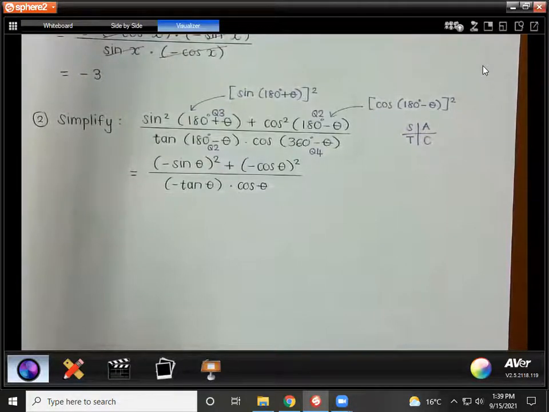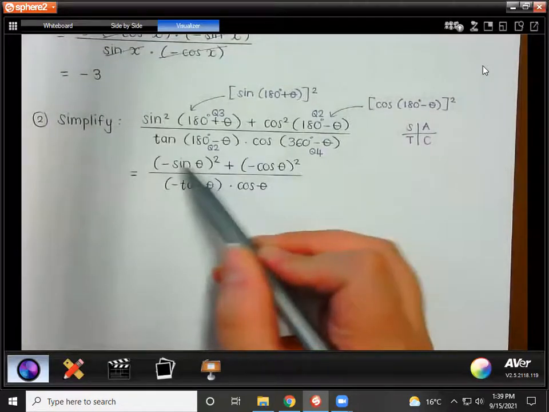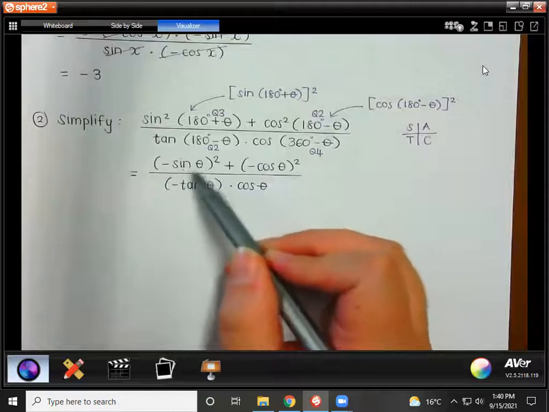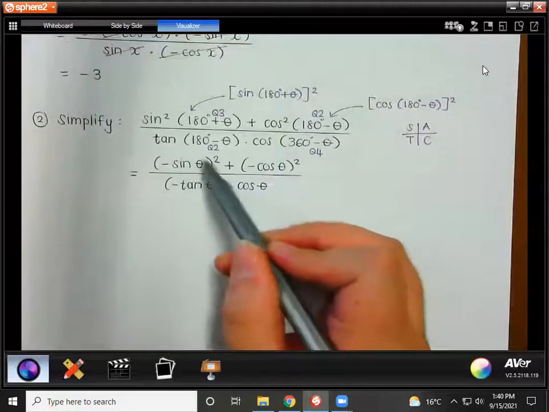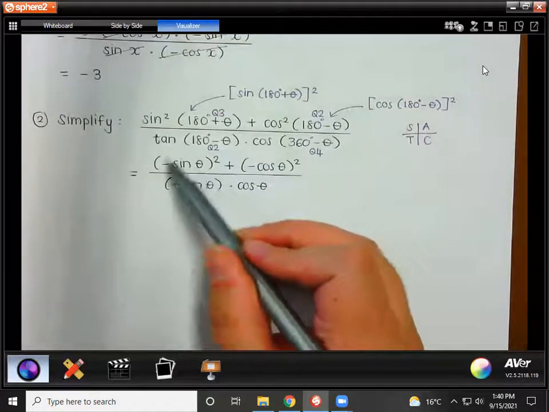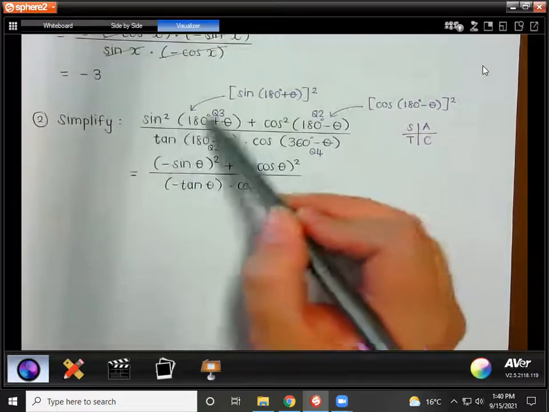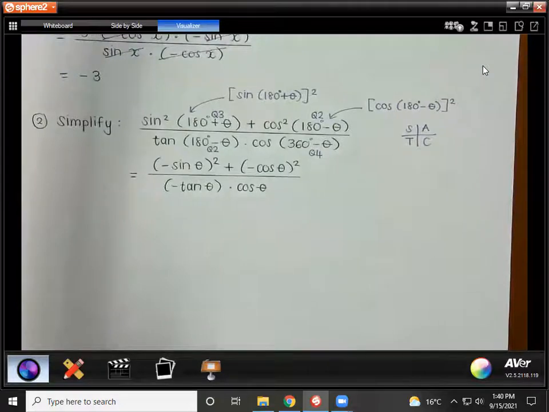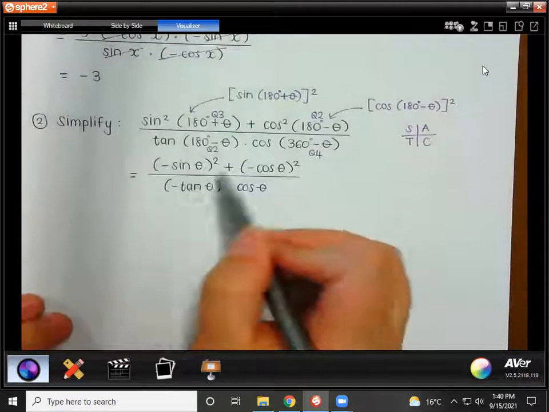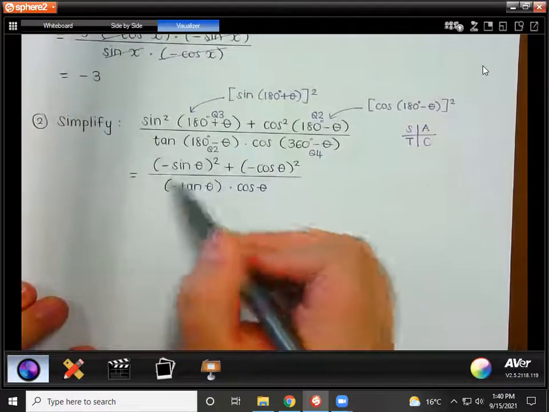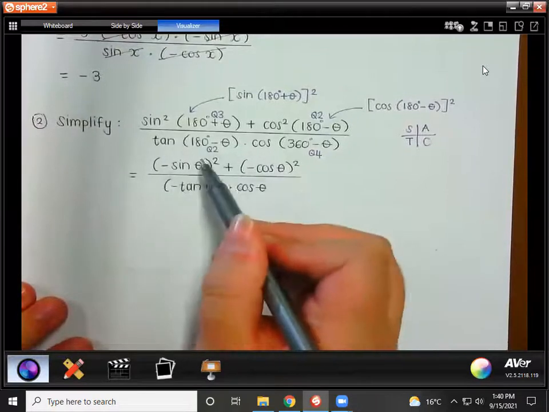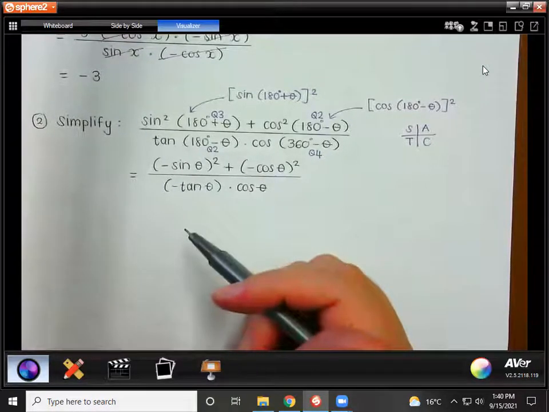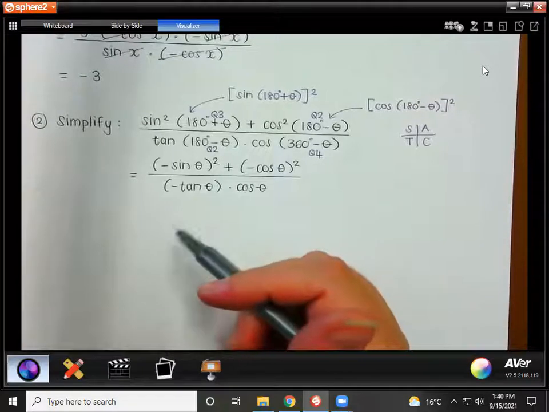Now, guys, what do you get when you square anything, even if that thing is a negative? It will become positive. All right. That is why it's important here that when you are changing this sine squared to a negative sine squared, you need to put the squared on the outside of the bracket, because this is now actually just going to become positive sine squared. Okay, because you all know that even if you take negative 2 times negative 2, you get positive 4.